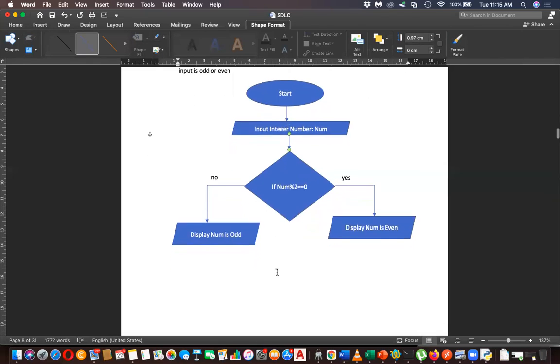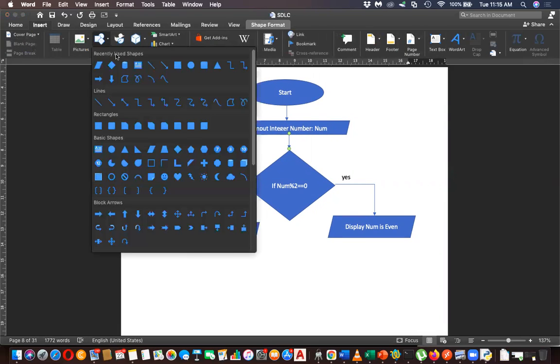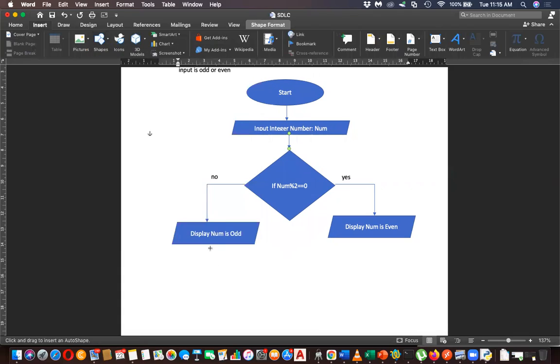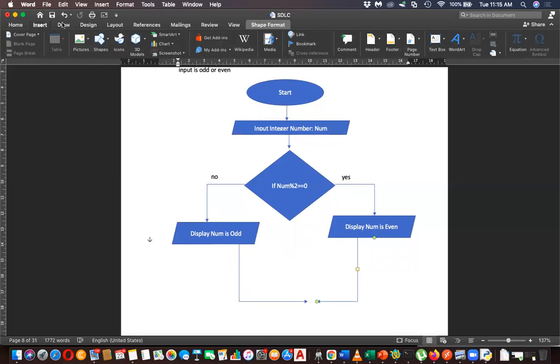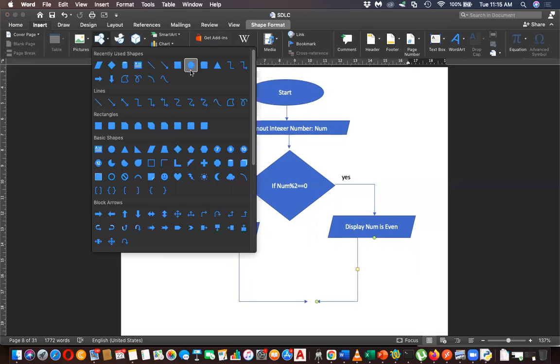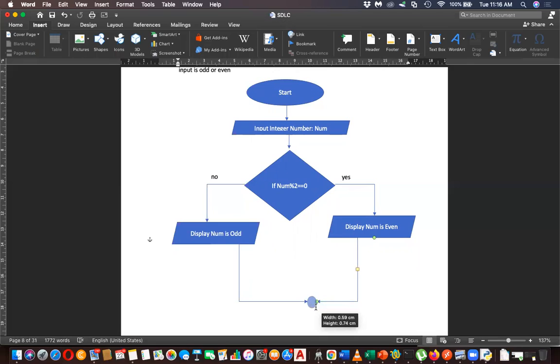After that, you have to connect both ends, using a connector symbol. Connector is a circle.